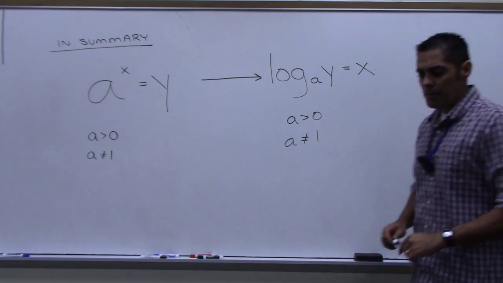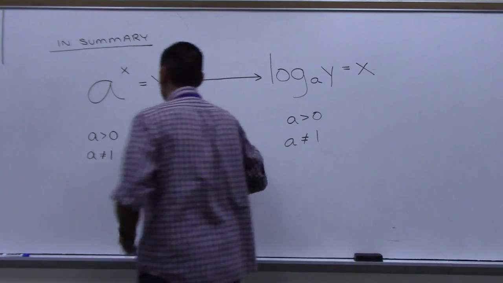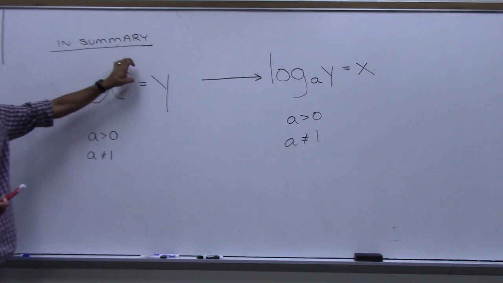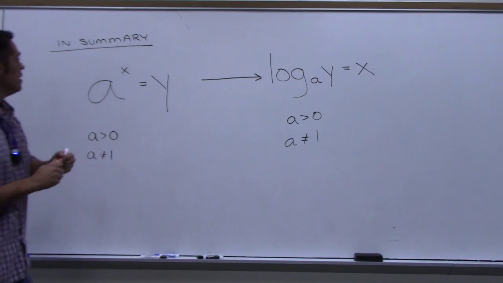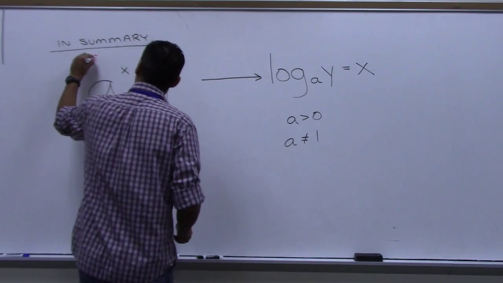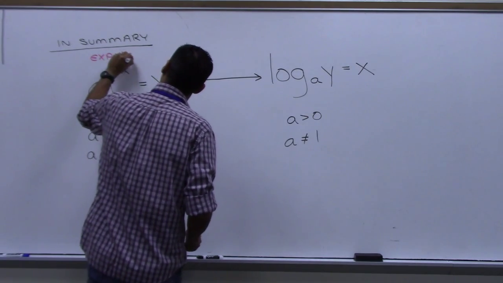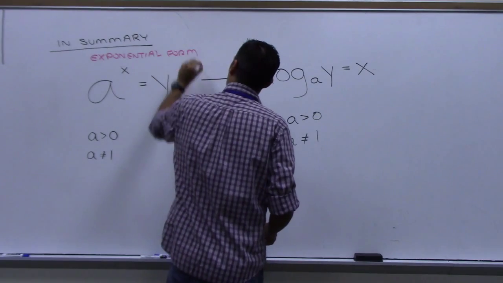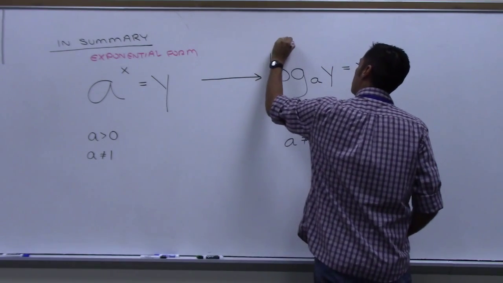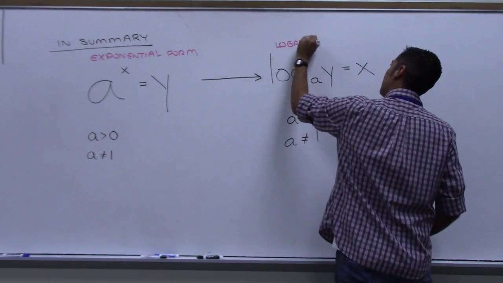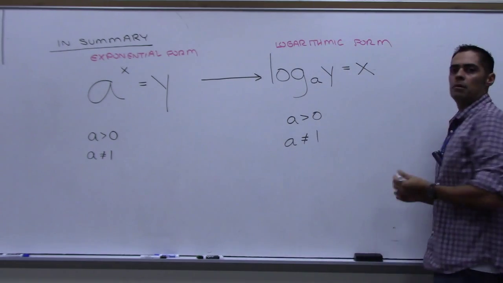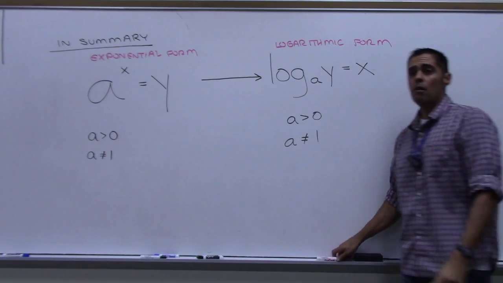So whenever somebody writes something down like this, where you have a base and an exponent in the equation, this is called exponential form. And this over here is called logarithmic form. We said we can go back and forth, right?